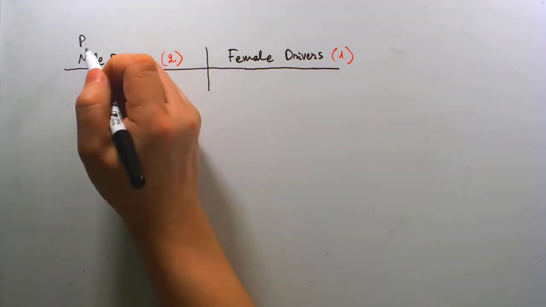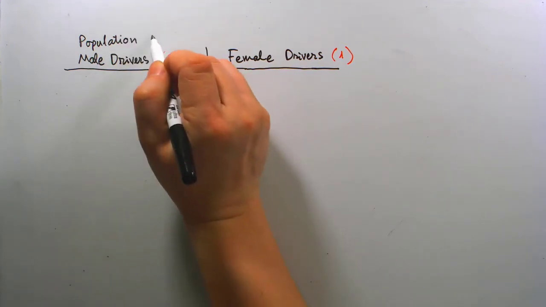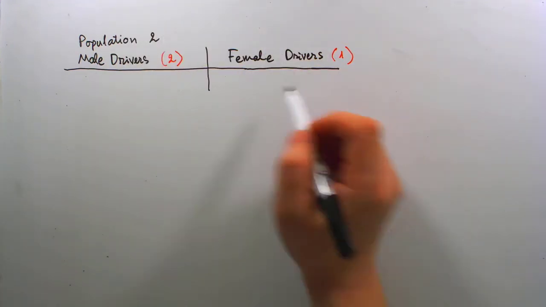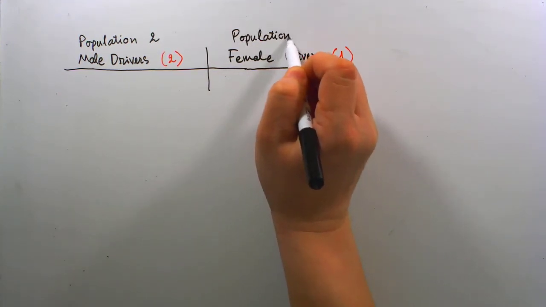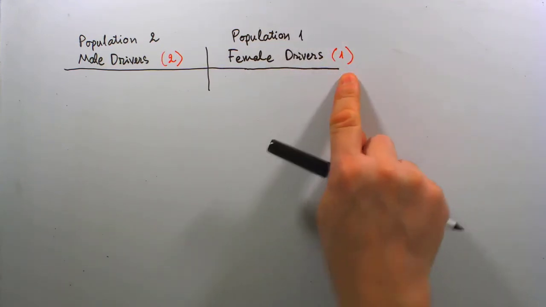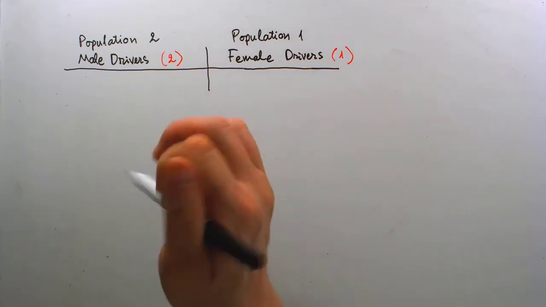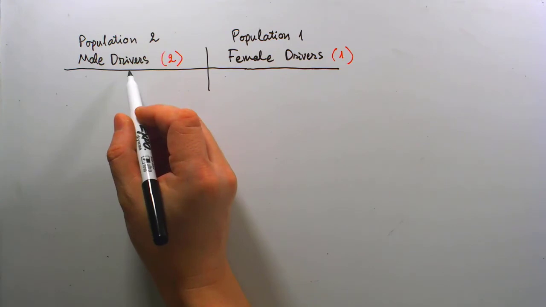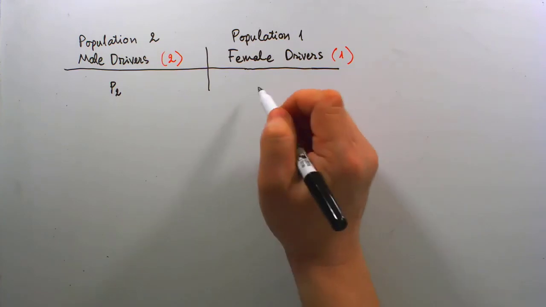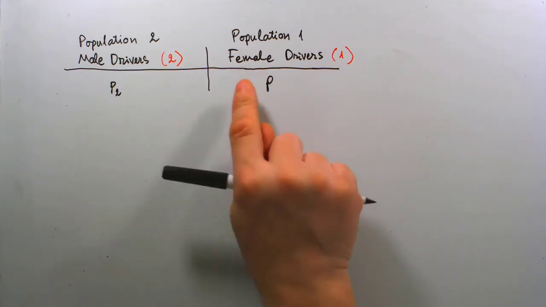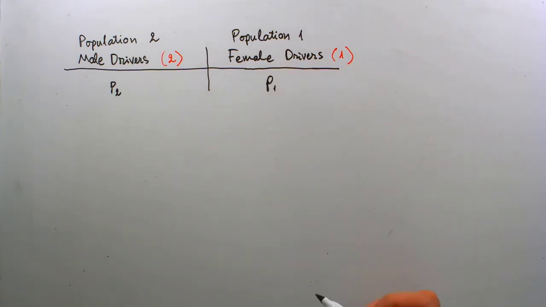Obviously, the male drivers population is now regarded as population 2, and the female drivers population would now be regarded as population 1 if we decided the labeling convention the other way around, as indicated here. The proportion of male drivers who favor driving a manual transmission would now be referred to as P2, and similarly the proportion of female drivers who favor driving a manual transmission would be regarded as P1.